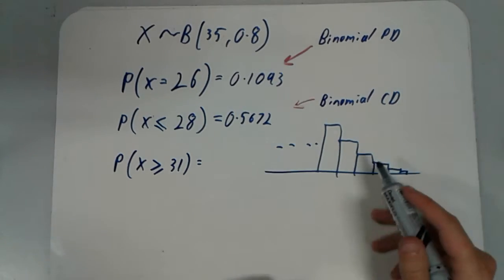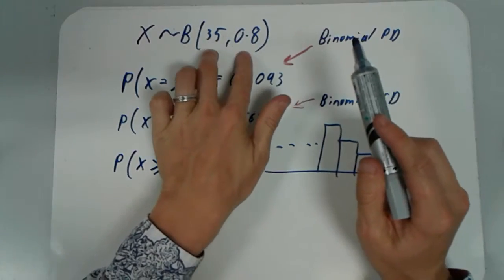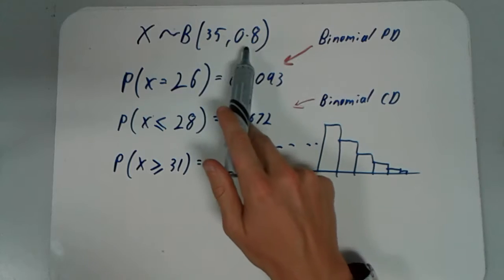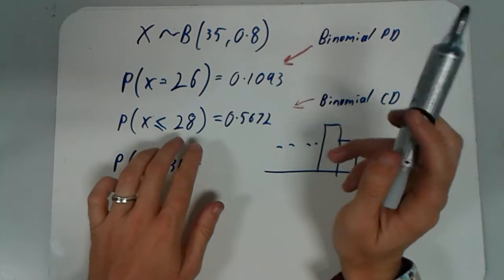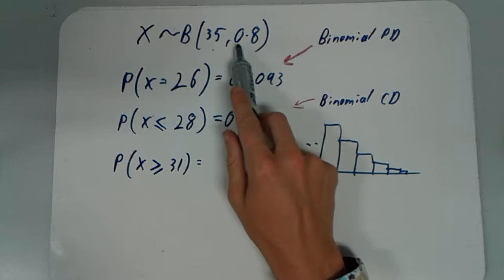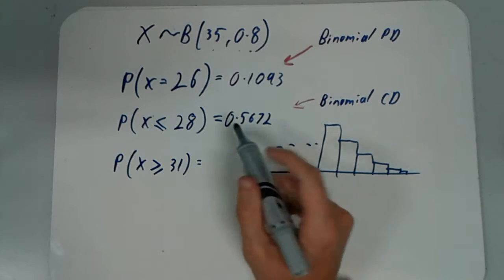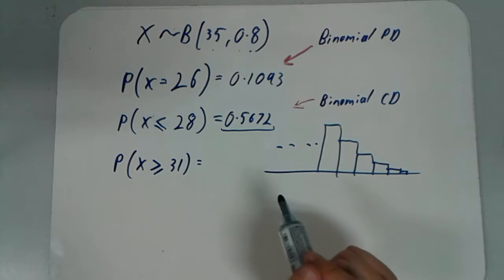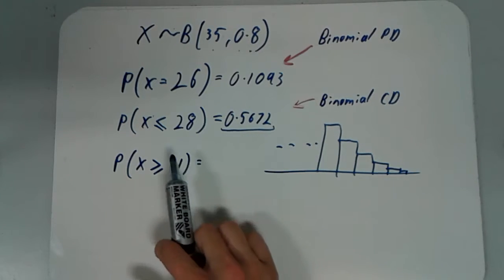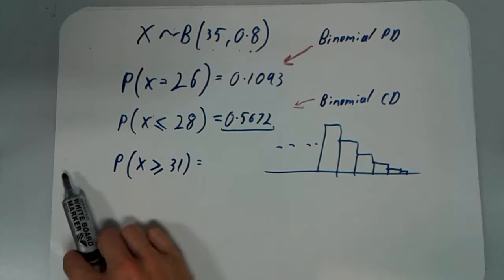And so on. Always have a think, what's your expected number? So if you multiply these two together, you'll get your expected number, which is your most common. In this case, 35 times 0.8 gives you 28, which is why that is just over half. You would expect there's just over half a chance of getting your most likely result or fewer.